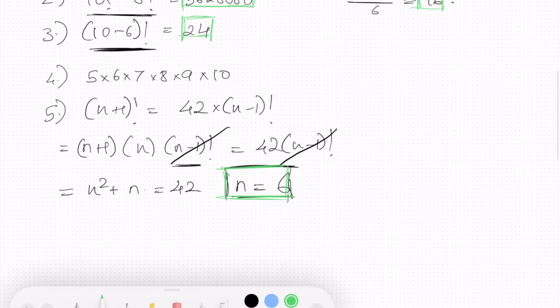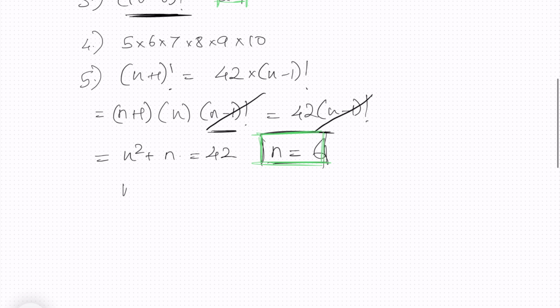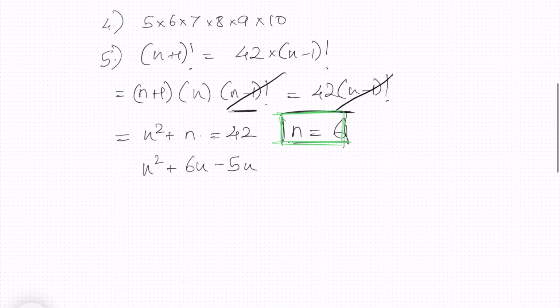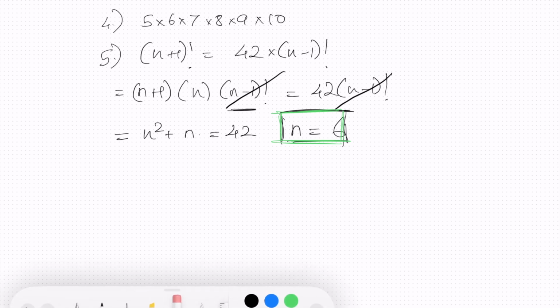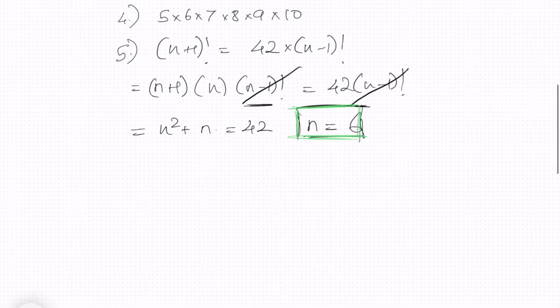Okay, perhaps I should also solve this problem. So n square plus n minus 42 equals 0, right? Which I can write as n square plus 7n minus 6n minus 42.